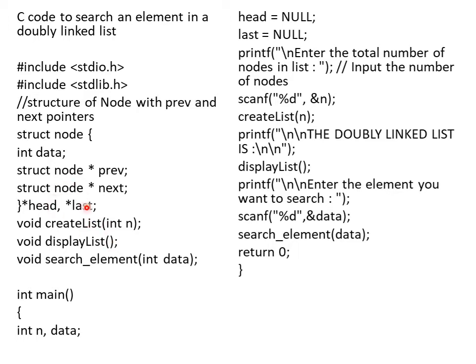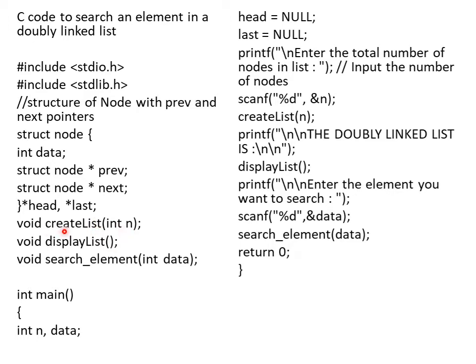And here I am declaring two nodes, one is head and another one is last. Head is used at the beginning and last is used at the end or rear of the list.